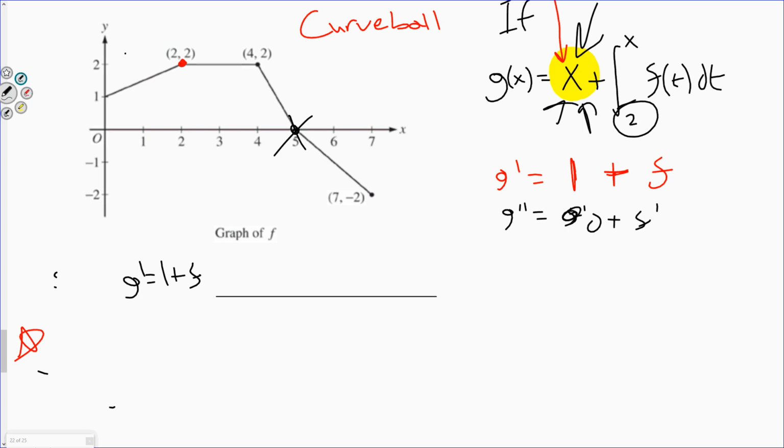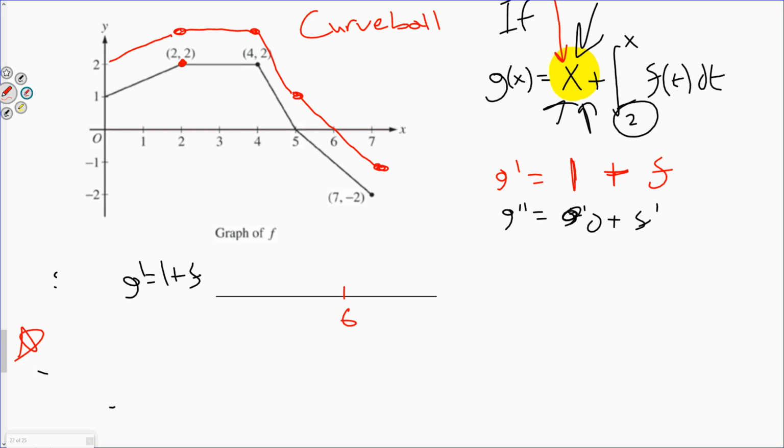What would you do if you want the graph of 1 plus f? You shift everything up 1. And guys, this is your graph. That's a curveball. Yo, 6.